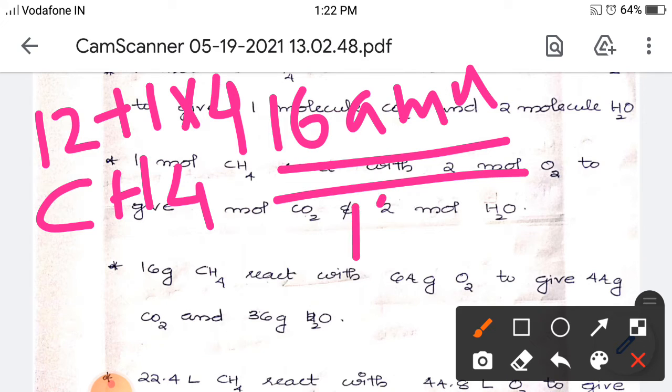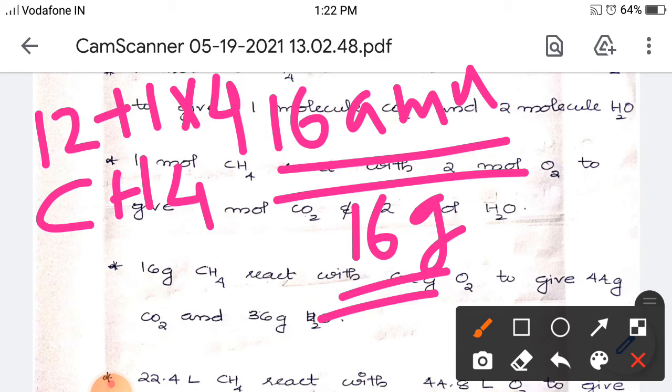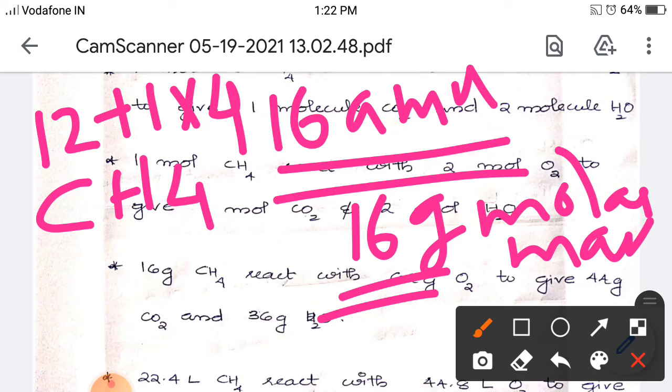This is expressed in gram. It is called 16 gram, which is the molar mass of CH4. That is, molar mass means mass of 1 mole of any substance. Here that is 16 gram.